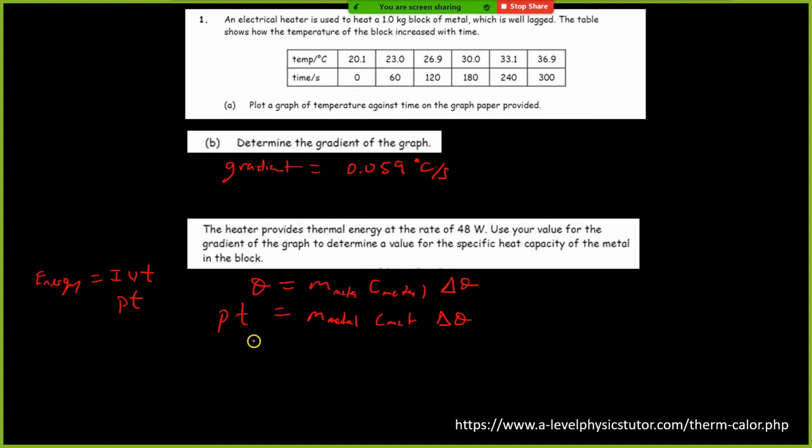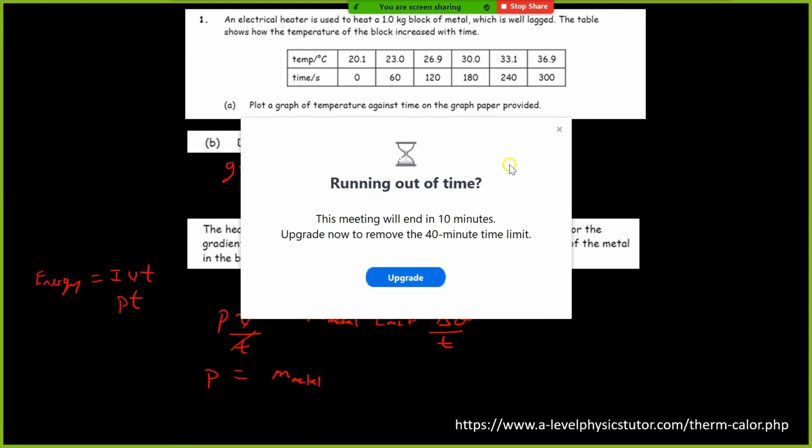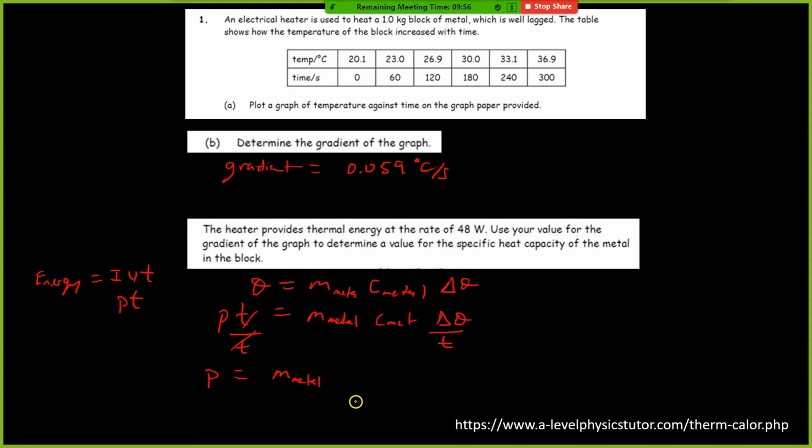I'll need to divide this side by T and this side by T. What we're left with is that P is equal to the mass of the metal times the heat capacity of the metal times, no, this is now what we call the gradient.